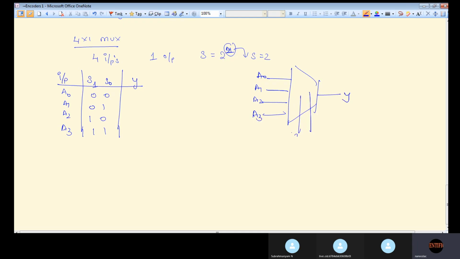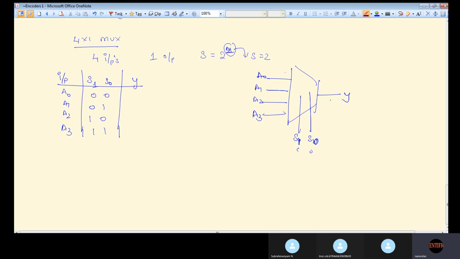We have 2 select lines, S0 and S1, or else S1, S0. MSB, LSB, let us take S1, S0. Now see here, when S1 and S0 are both zeros, Y will be equal to your A0.